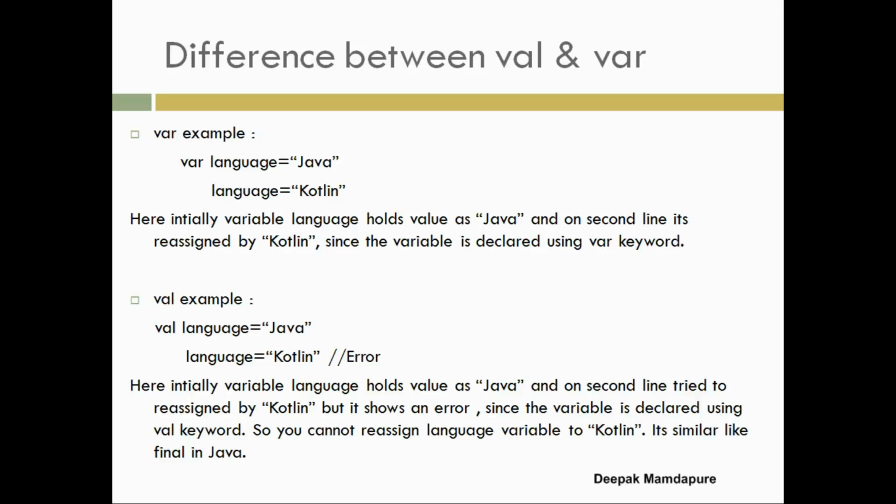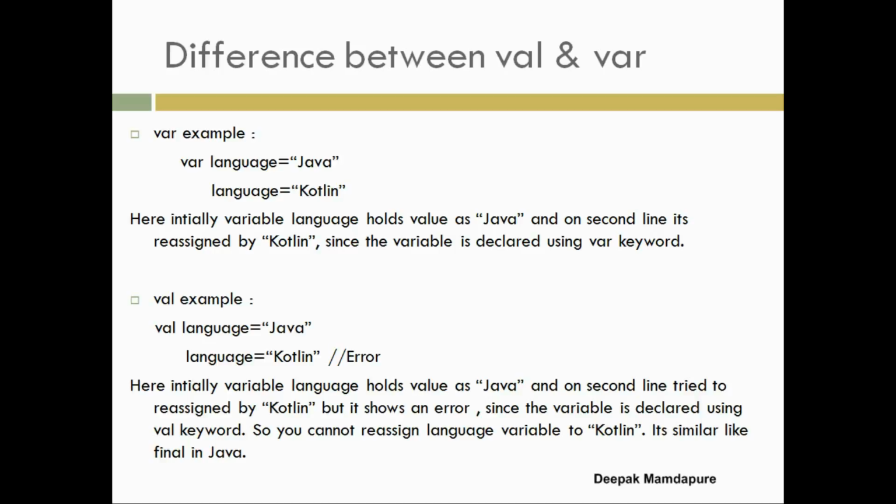But if we want to reassign some value to that variable, then we have to use the var keyword. So what we saw here is the difference between val and var. In short, var is a mutable reference and val is an immutable reference.